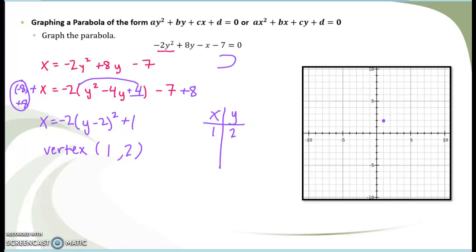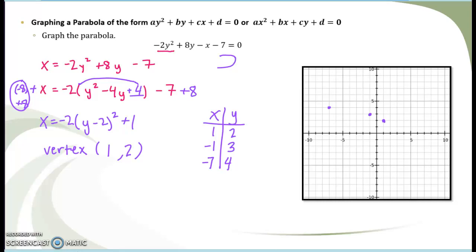Okay, so if I plug in a 3 for y, I'll end up getting negative 1 for x. So I have 1, 2, 3. Wait, I have negative 1 for x, not 3 for x now, right? So I go to negative 1 for x and then up to 3. If I plug in a 4 for y, I end up getting negative 7. So I have another point at negative 7 and a positive 4.